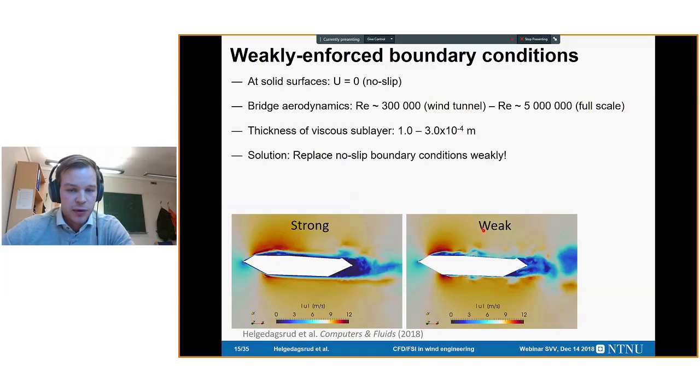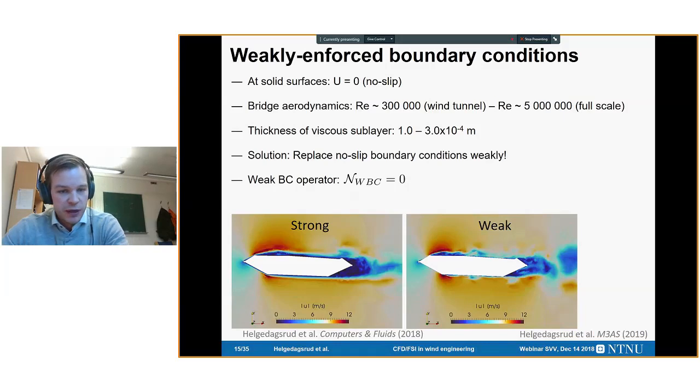But with the weak, we have enforced the no-slip with a penalty-like formulation, and the flow is allowed to slip. We get a much more correct pressure distribution and forces. So this is a very powerful tool for efficient computations. We collect the terms in the weak boundary condition operator and add them to the fluid mechanics.